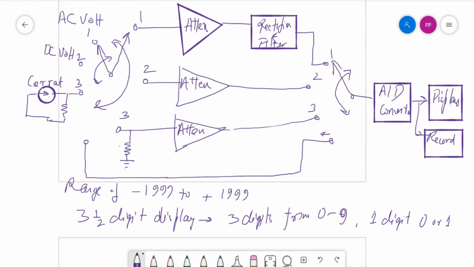So friends, this much is the detail that we plan to discuss today, and in the coming lecture we shall discuss the measurement of frequency using digital techniques.